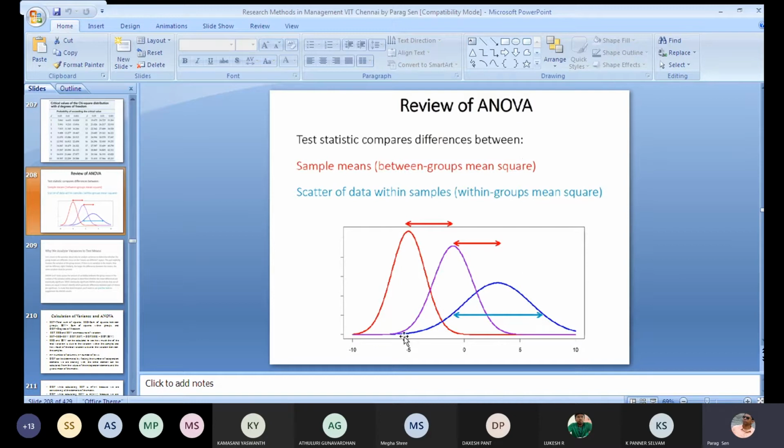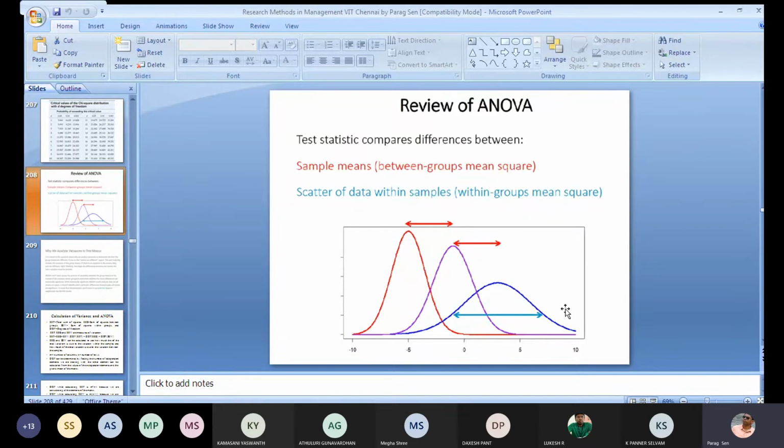The within group mean square compares the scatter of data within the samples, and the between group mean square compares the averages, or mean values, of the different populations that you are considering.